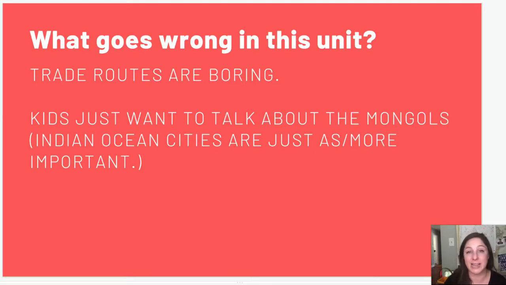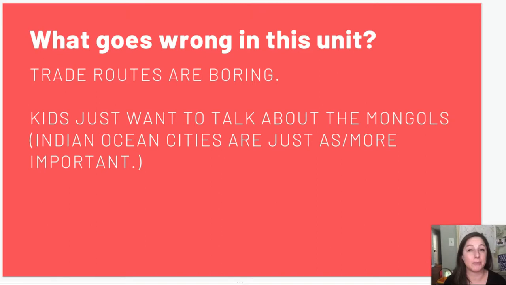The Black Death is like an aside, right? It's like, okay, well, yes, it led to the Black Death. We can talk about that for 5 minutes, but we've got to get back to the Indian Ocean, which is really the most important trading route as far as AP World is concerned. So this is something where they want to talk about the stuff they're already familiar with. So you've got to figure out ways to make the Indian Ocean trading route, which is really like the center of the world at this point, more interesting.